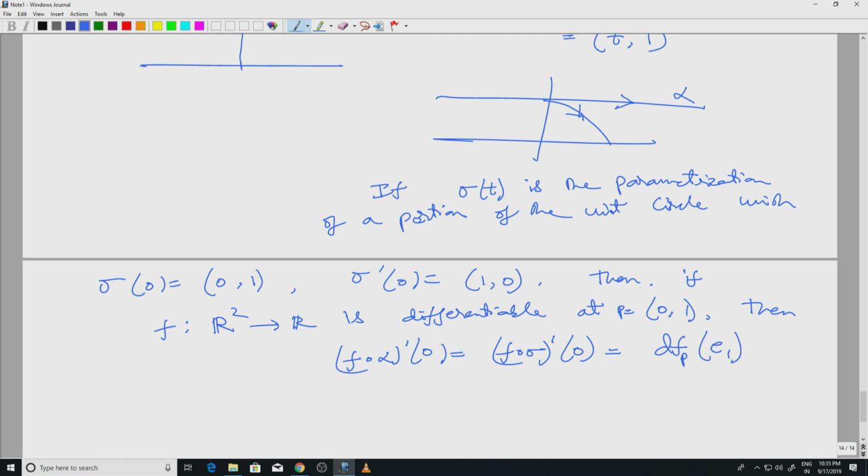This is also equal to del f by del x1 at (0, 1).